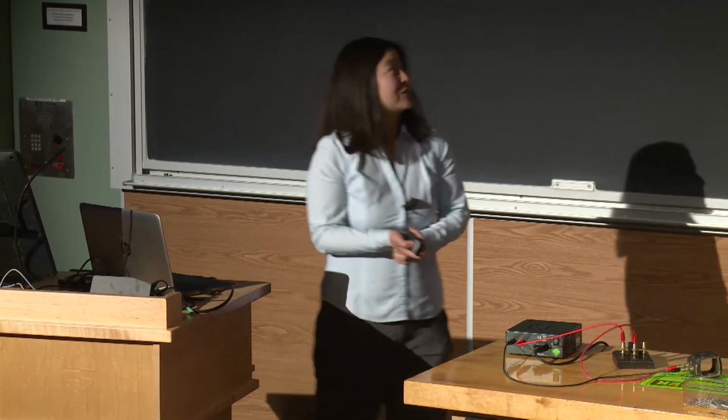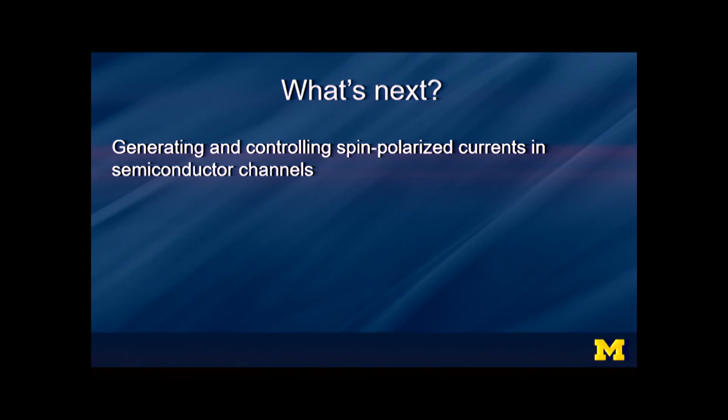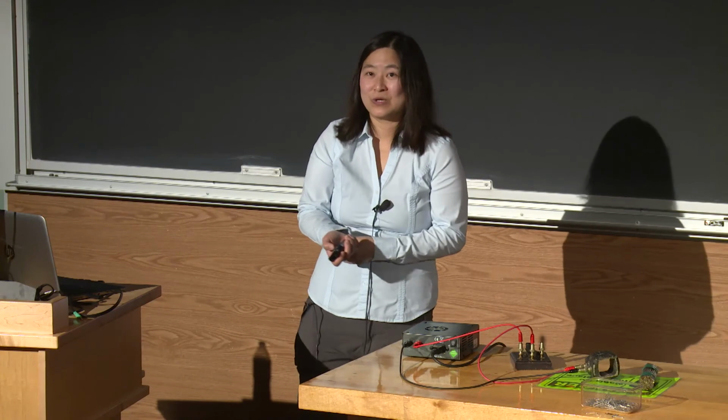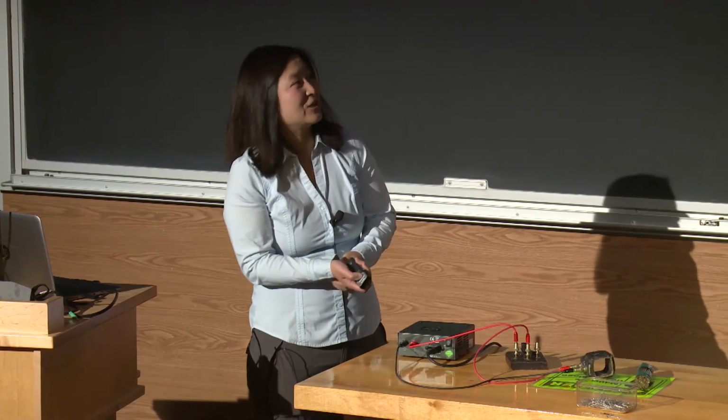There are other directions as well. In my research group, we are studying semiconductor channels and how spin polarized currents behave in those channels, using electric fields to control and generate spin polarization in those channels.